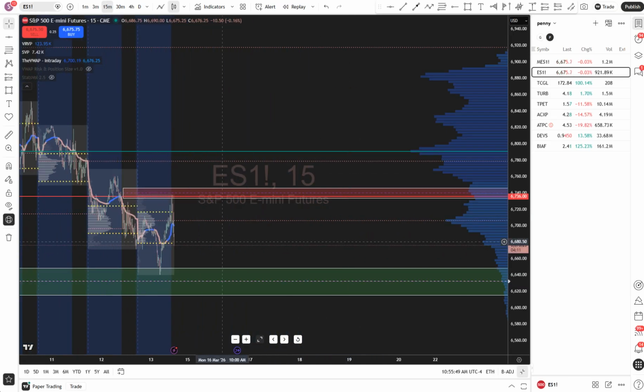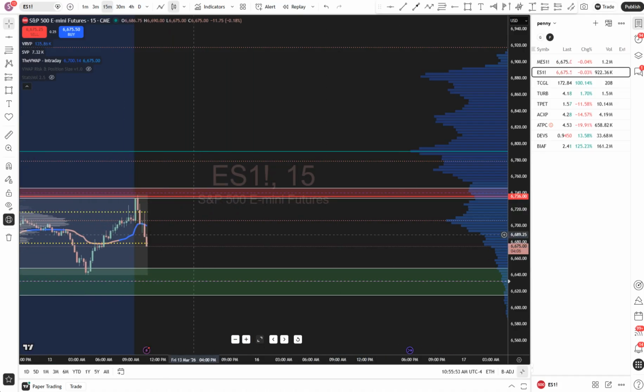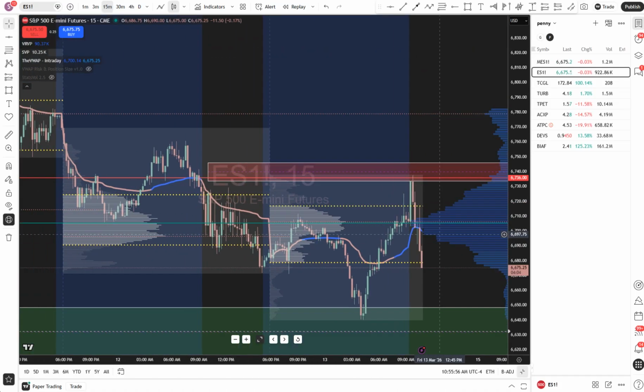Now, I also like to get some type of confirmation. I don't like to just blindly go into these levels. I waited for this candle here to print and I got my short. Now, if we get back down here, I might be a bit higher.